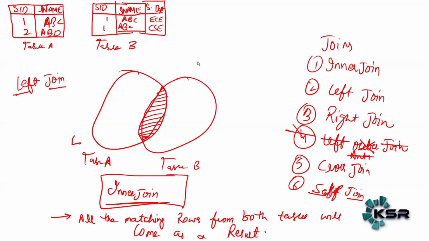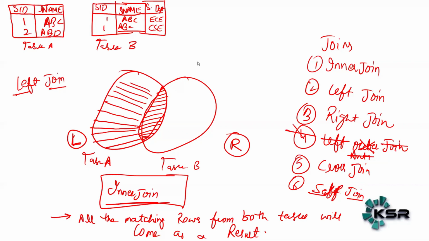So this is our left table, this is our right table, right? Left join is nothing but you will be getting all the matching rows plus this area. So basically everything from table one, from the left table, and the matching rows from the right table.